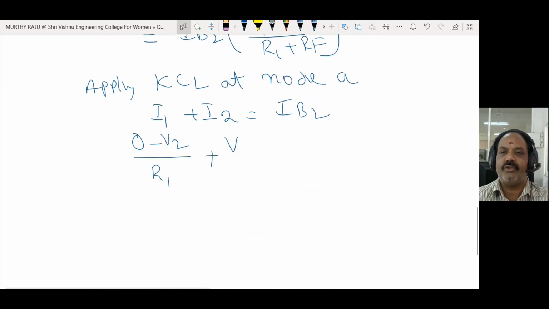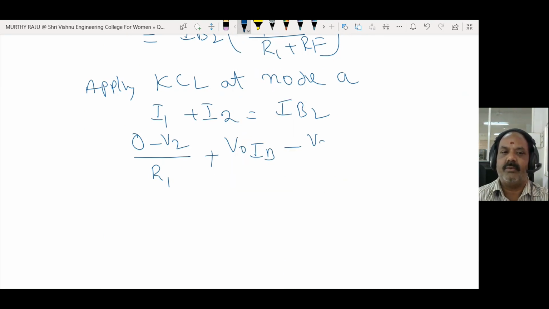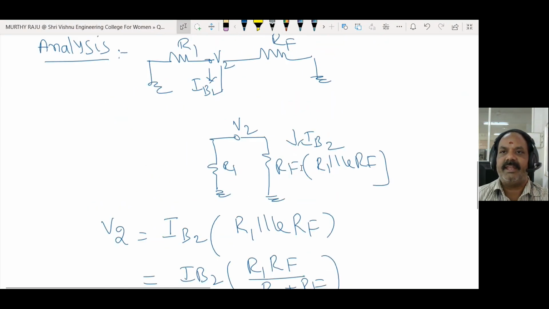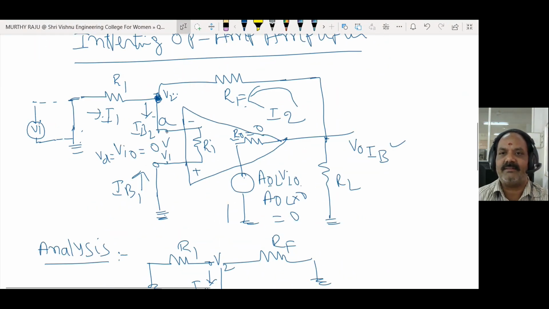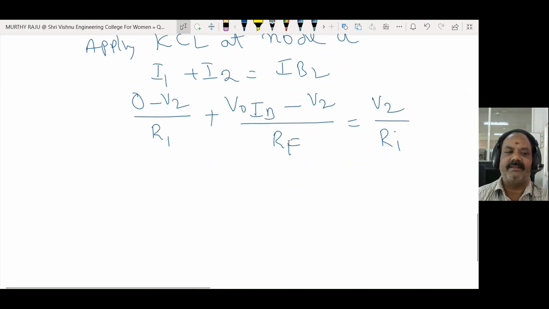Next one is IB2. The resistance between the inverting terminal and non-inverting terminal is Ri. Therefore, IB2 is equal to V2 by Ri.